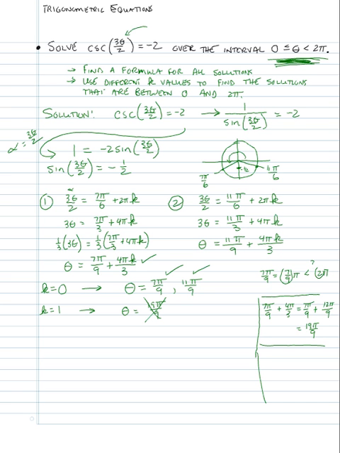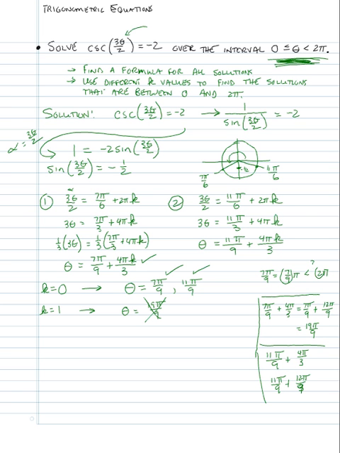So with the second formula, if k is equal to 1, my theta would be 11 pi over 9 plus 4 pi times 1, which is just 4 pi, divided by 3 then. And so when I add these together, I'd have 11 pi over 9, and here I'd write this as 12 pi over 9. Excuse me, over 9. Pardon me.